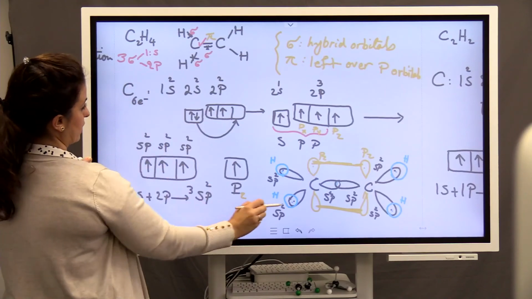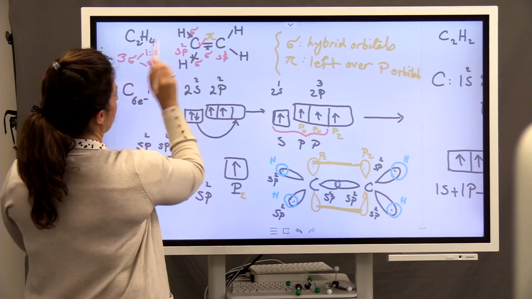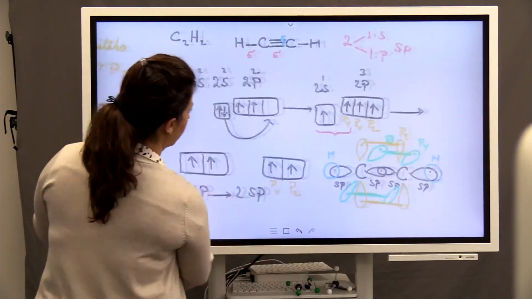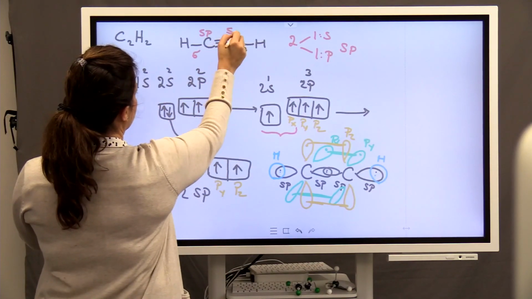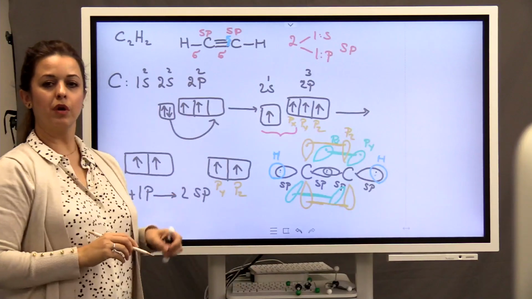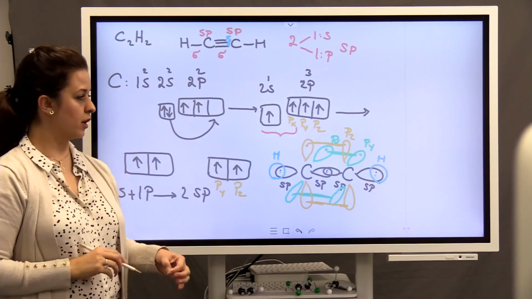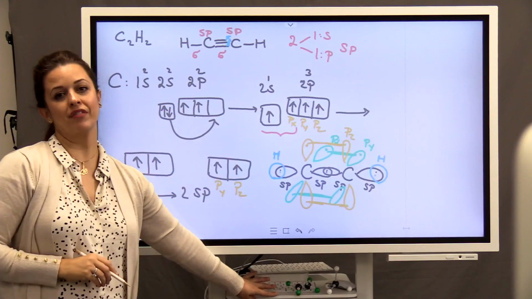So the hybrid as we determined will be sp2 on each carbon. And here will be sp on each carbon. Please replay this video, try to work on other molecules, and let me know if you have any questions.